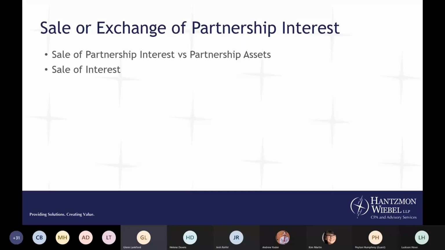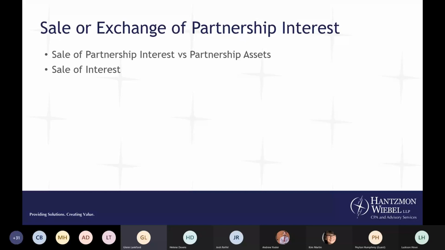So when a partnership sells assets, say for example you have equipment that's been depreciated, when the partnership sells that equipment, there's going to be depreciation recapture on that sale, and that depreciation recapture is going to be ordinary income, and that's going to pass through to the partners.